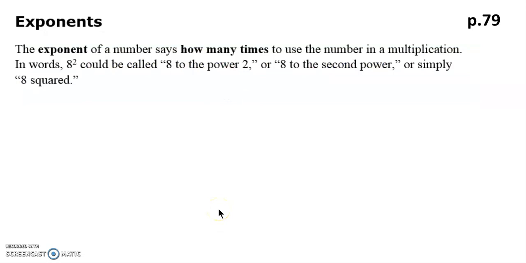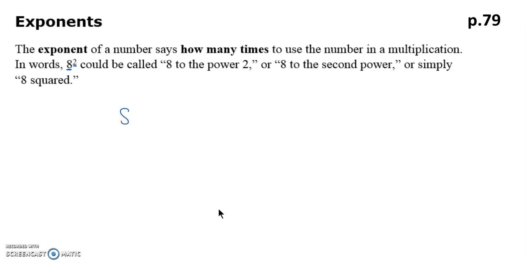The language around exponents can change a little bit because it means how many times to use the number in multiplication. For some of our exponents, we really just say it one way, but for others, we have multiple ways. So if we look at 8 as the base and 2 as the exponent, we can call this 8 to the power of 2. We can also call it 8 to the second power, or we can simply call it 8 squared.